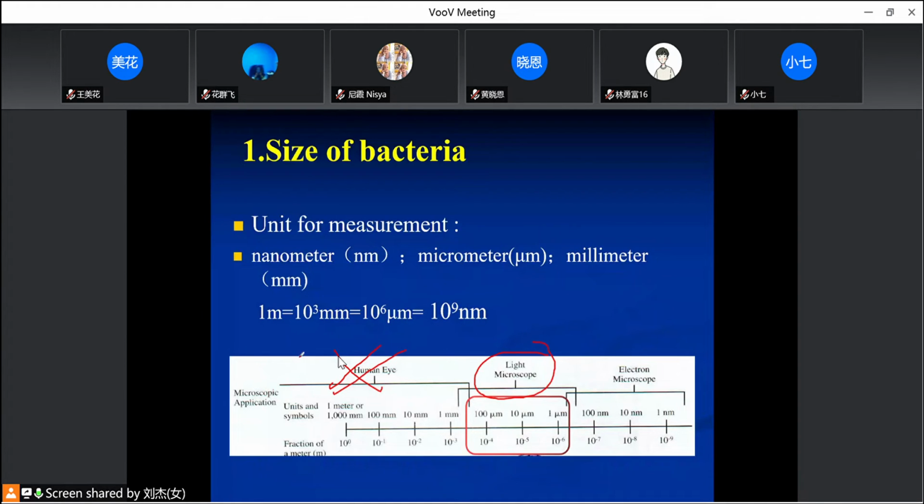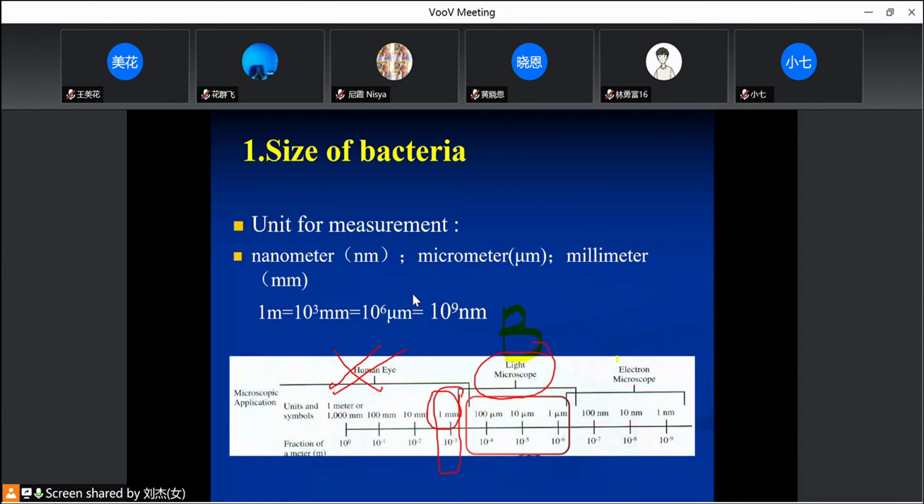So you can see here, this is a picture. It shows that the smallest size human eyes can see is, I think, 1 millimeter, right? That is what your eyes can see. And the bacteria, here, we can see under the light microscope. Okay, so this is for bacteria.